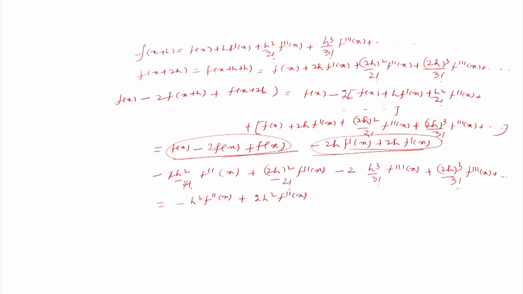Then minus 2 h cube by 3 factorial f triple dash of x plus 8 h cube by 3 factorial f triple dash of x plus all other terms. So finally we can get it as h square f double dash of x plus all h cube terms there.